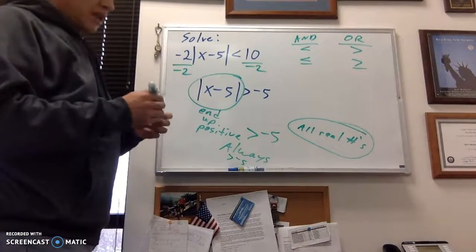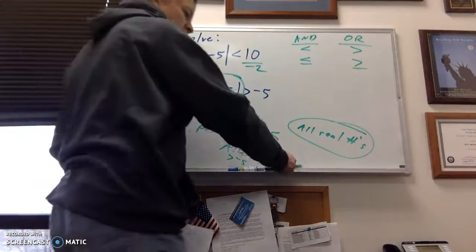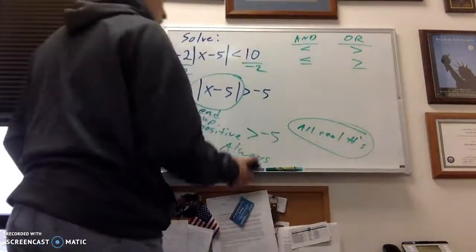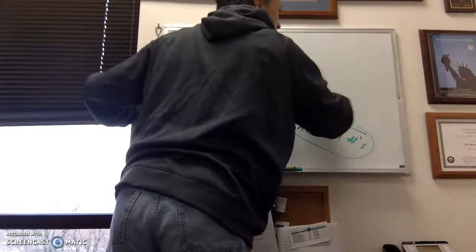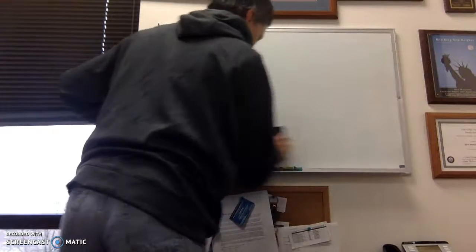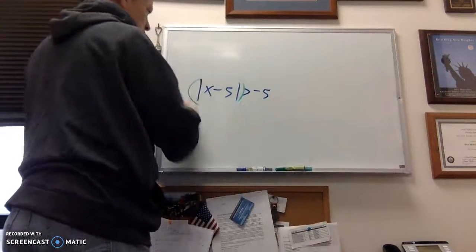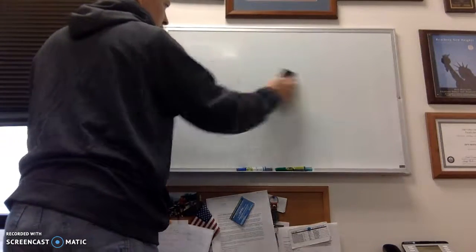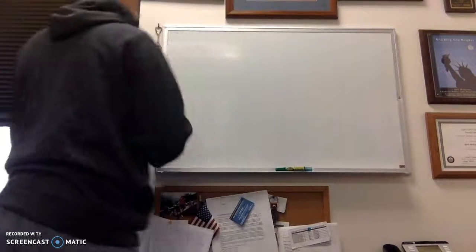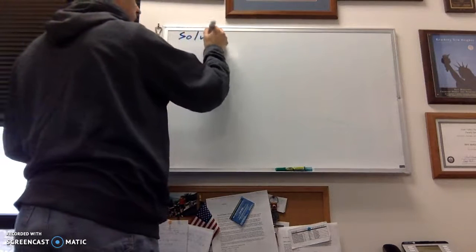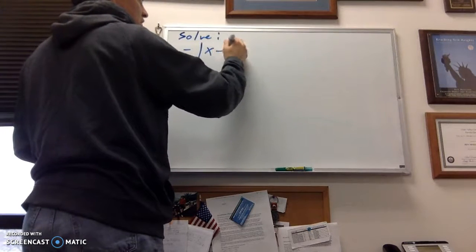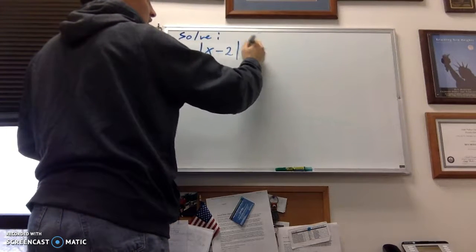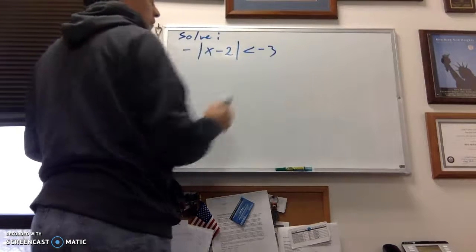Okay? Suppose that wasn't the case, though, all right? I mean, I just now made that discovery. Suppose we had a whole different situation. So I'll create a new problem here. Make it real quick. Let's do, say, the negative of the absolute value of x minus 2 is less than -3.